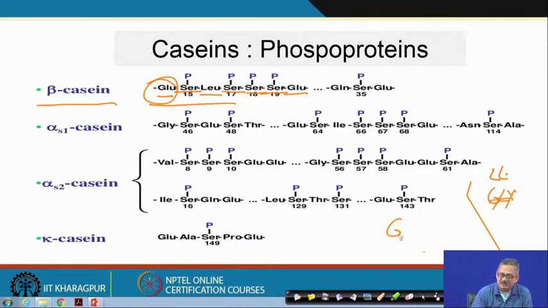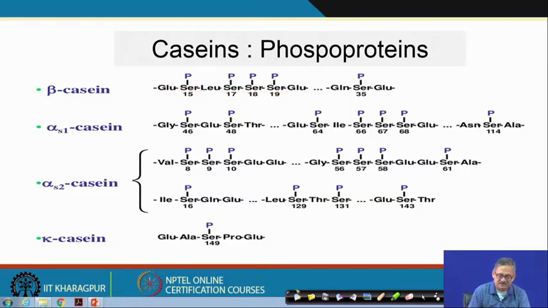So, glycine, glutamate, how they are abbreviated or how they are getting that coding, this I will tell you in the subsequent class. However, we see here that this is like that.